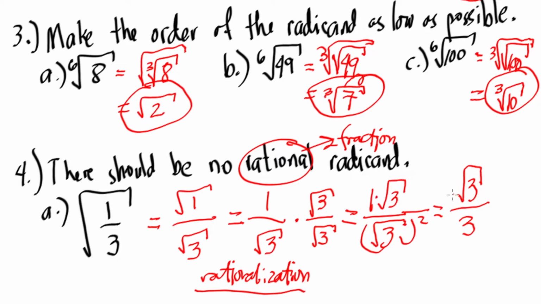So our answer is the square root of 3 over 3. Or if you want, it may be written as 1/3 times square root of 3. Any of these answers will do. They're equal actually. So square root of 3 over 3 or 1/3 times square root of 3.